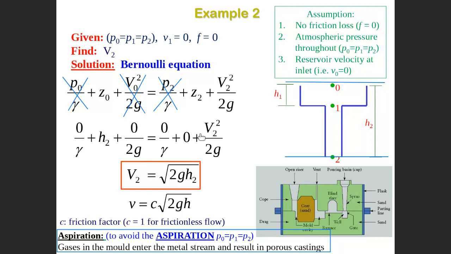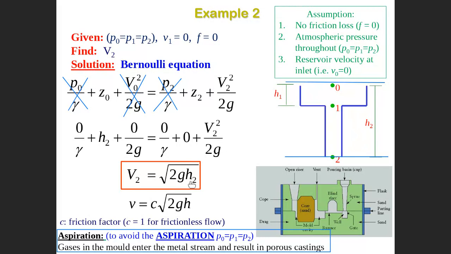Then you get from this one, V squared equals 2gH2, meaning that V equals the square root of 2gH2. V2, the speed here at 2, equals the square root of 2gH2.